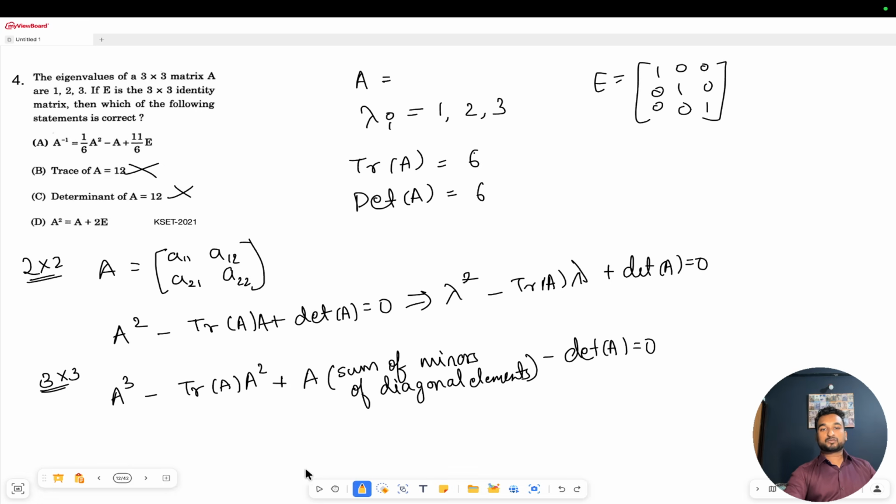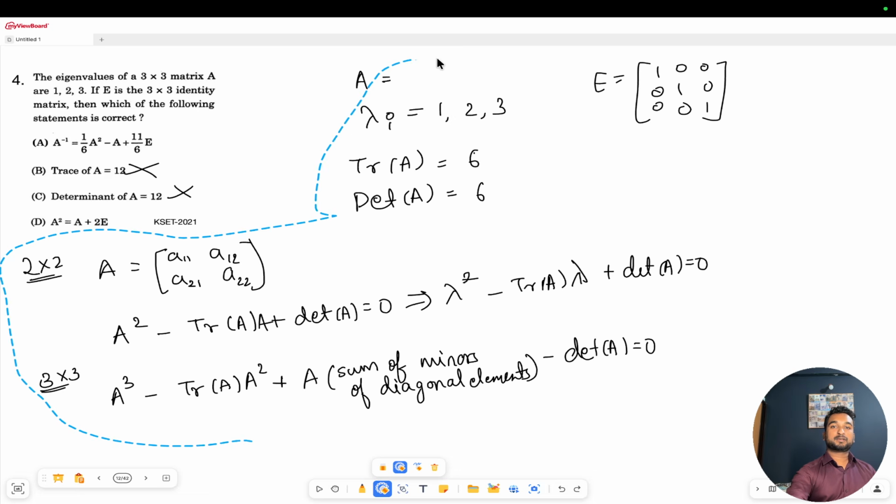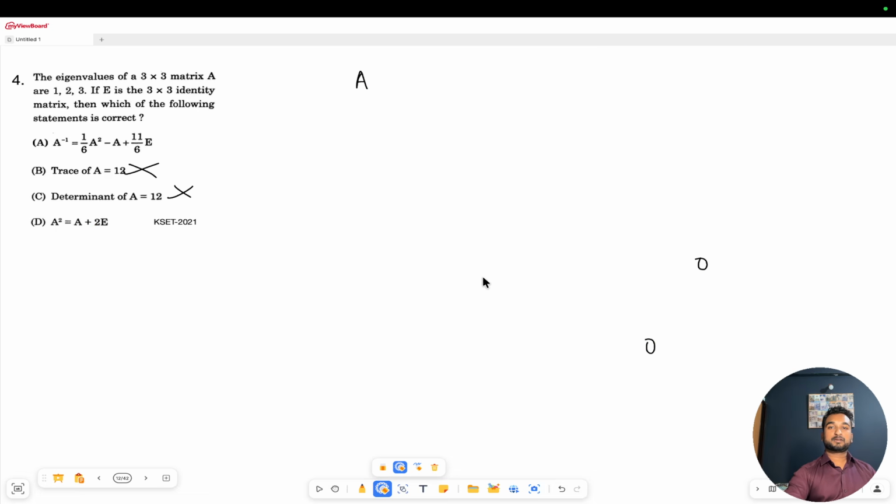Okay, so how will you solve this question now? You just write the characteristic equation for this given matrix. Option B and C are eliminated.